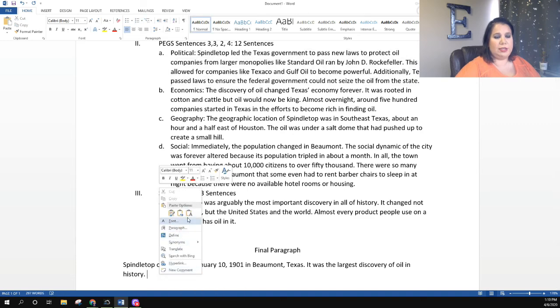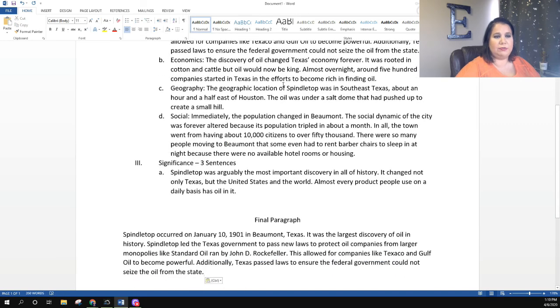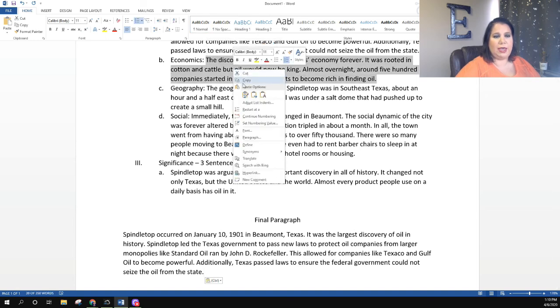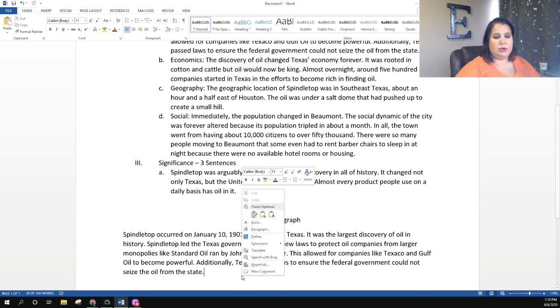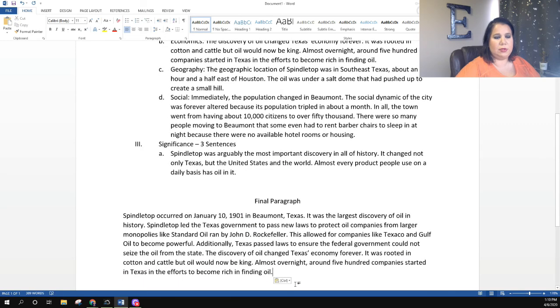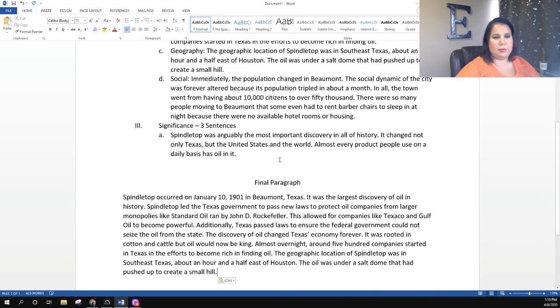We're going to come down here. We are going to paste our political portion. We're going to copy and paste our economic portion. Let's do geography next. Then we have social.